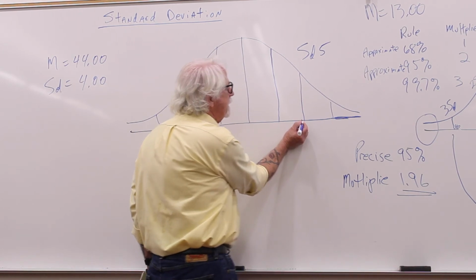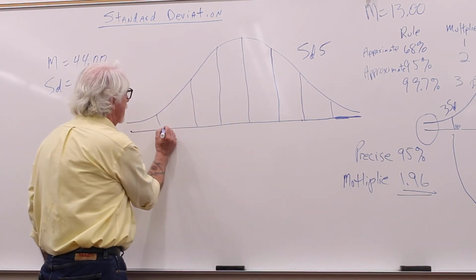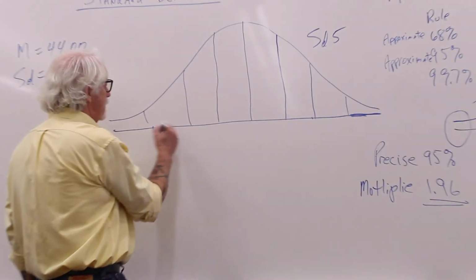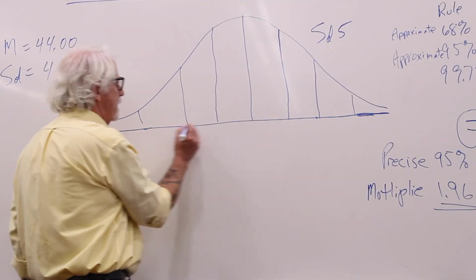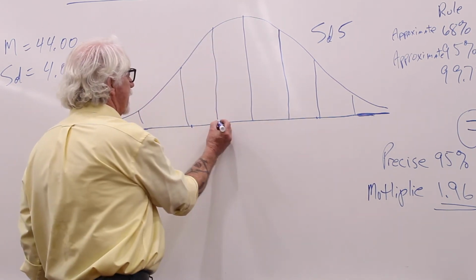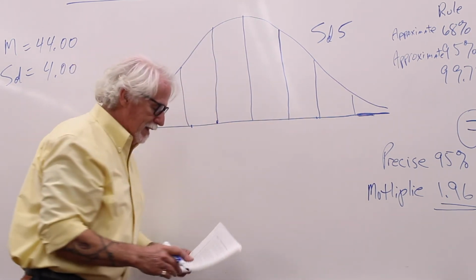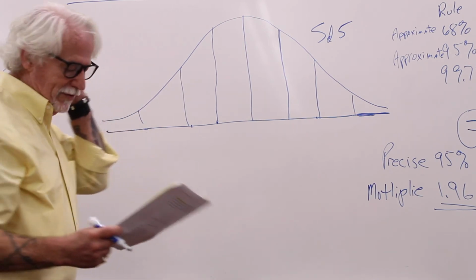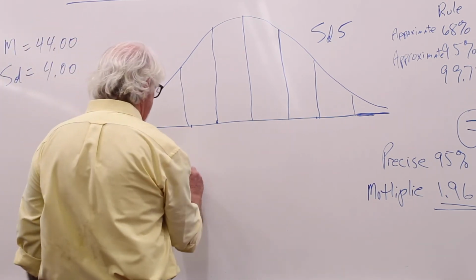So it's in here. Oh, sorry, I was wrong. See, it's less than 2. We got it right on that side. So in this case, you take the 1.96.